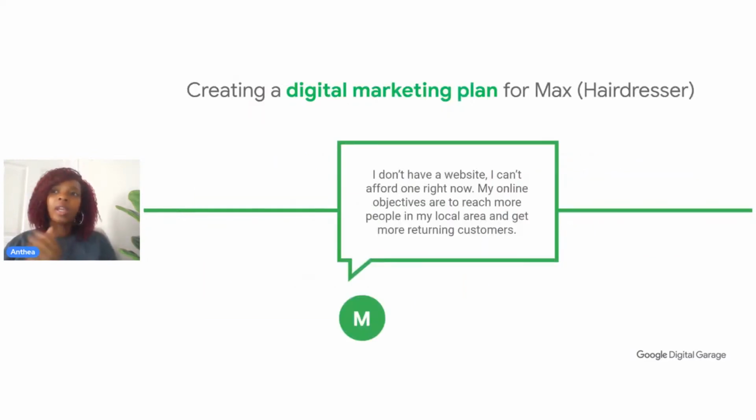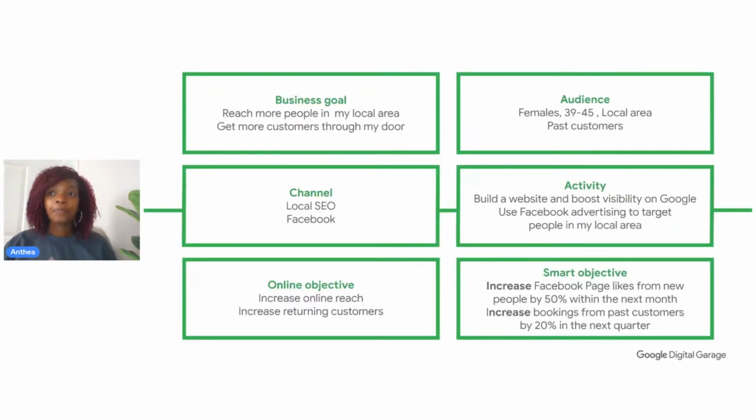So if we were to create a digital marketing plan for Max, who doesn't have a website, can't afford it, he wants to reach more people in his local area and get more customers returning, then what we would do is, his business goal is to reach more people in his local area to get more customers through his door. His audience are females 39 to 45 in a particular area who are specifically past customers. He will use local SEO and Facebook because that's a lifestyle platform.